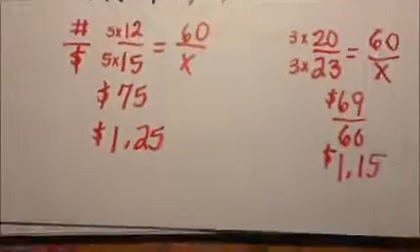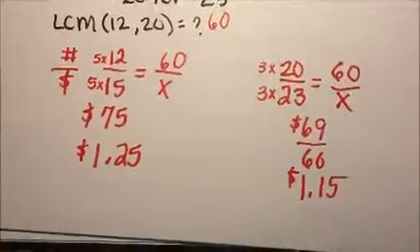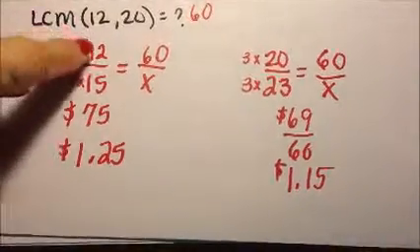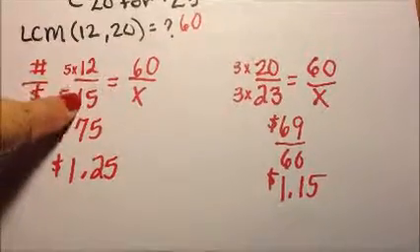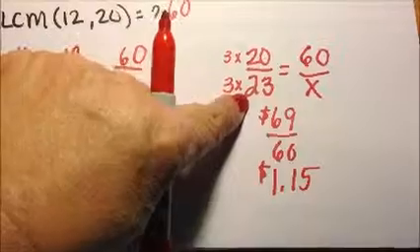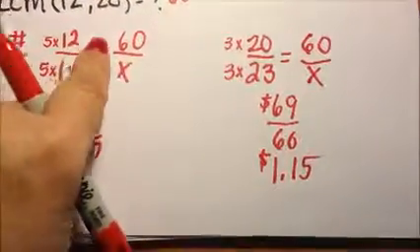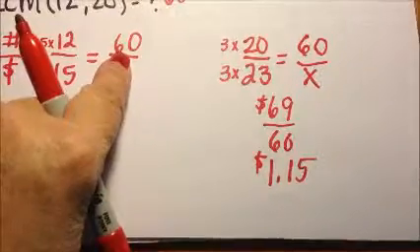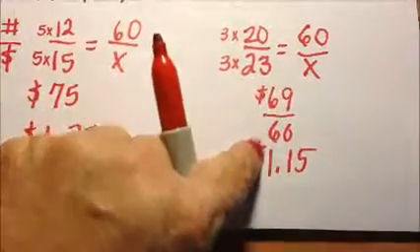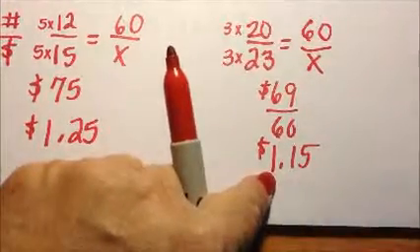So if I look at the unit comparison or the unit rate here, at 12 tickets for $15 or 20 tickets for $23, I compare both of them at 60 tickets and see how much it costs, and then divide by 60 tickets to find the cost for each ticket.